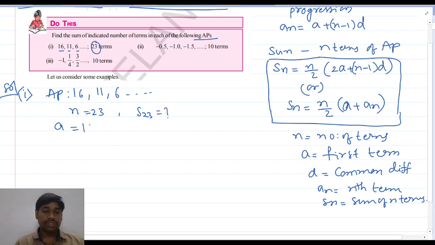So n is equal to 23, the first term is 16, and the common difference is 11 minus 16, which is equal to minus 5.